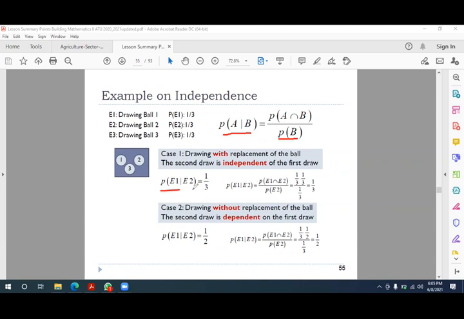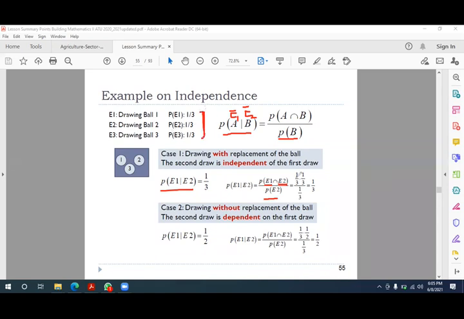So with replacement, this formula becomes what? P of E1 given E2 per our formula here. So this becomes E1 given that E2 has occurred. So in the formula, it will reduce to P of E1 intersection E2 over P of E2. And we all know that the various probabilities were written initially. We have them here.